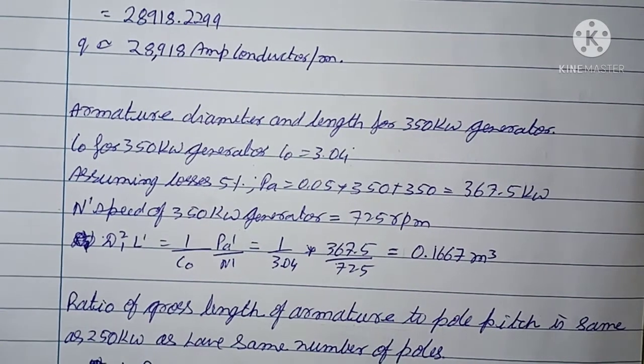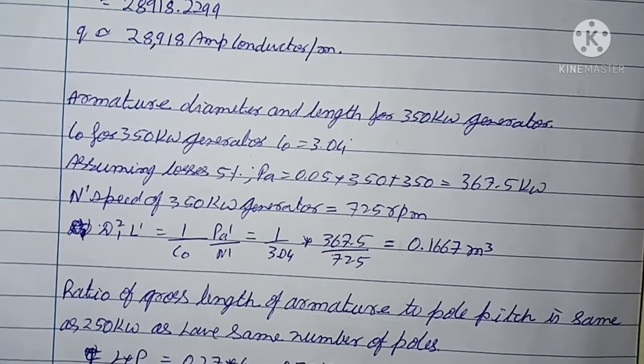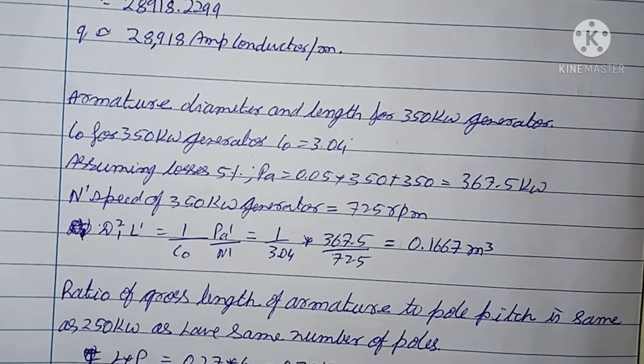And n dash, the speed for the 350 kilowatt generator, is 725 rpm. Now D dash square L dash is for the 350 kilowatt generator, the diameter and the length.